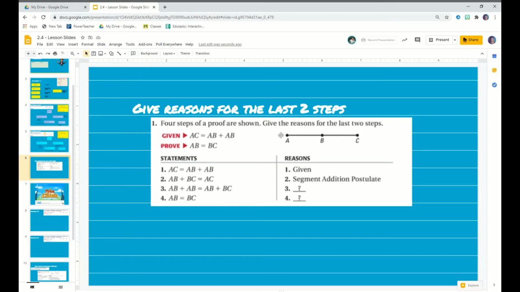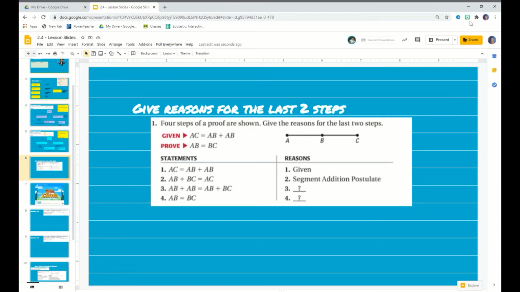Now, looking at statements 2 and 3, I can do some substitution here. I'm going to replace AM with MB. Whoops, I'm actually not going to do that. It actually helps to replace MB, because look at what we're trying to prove.